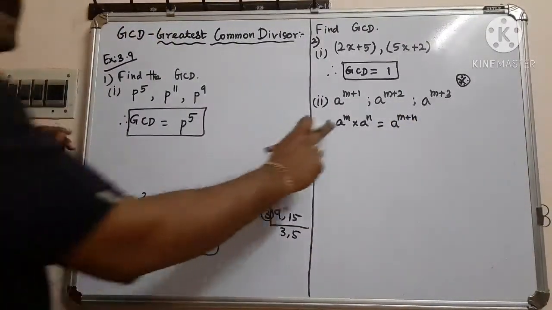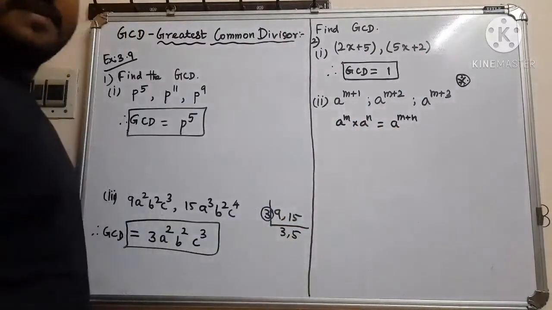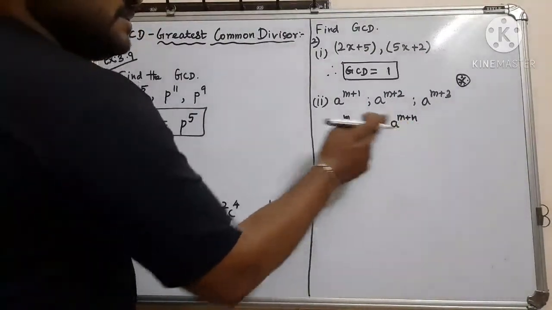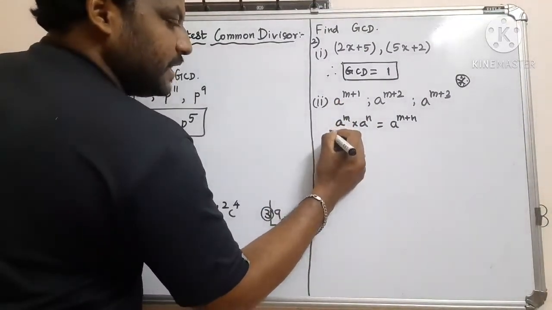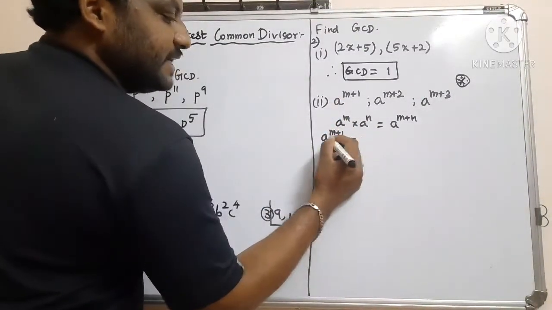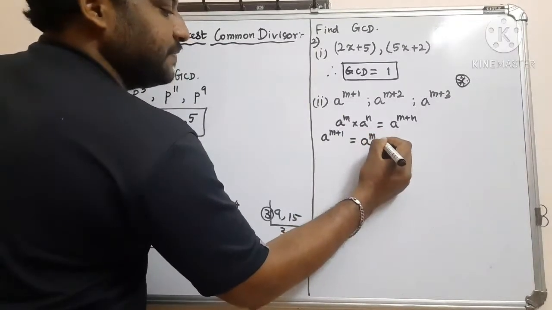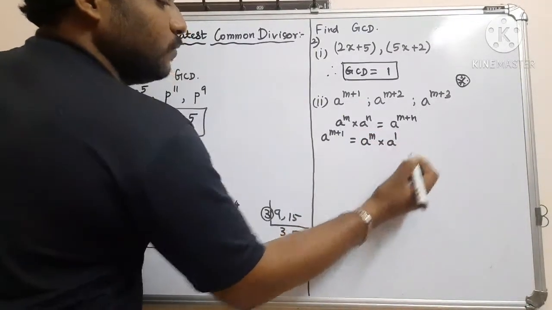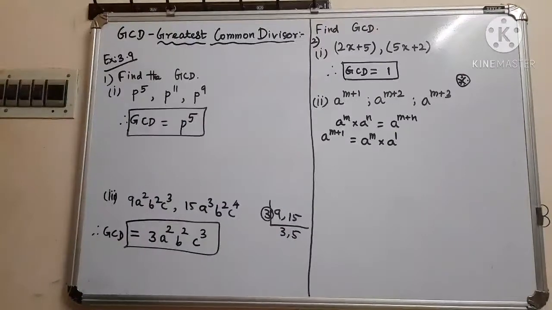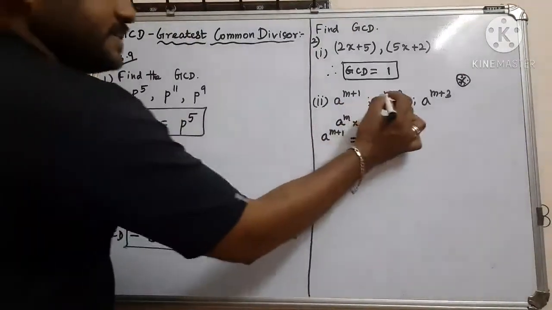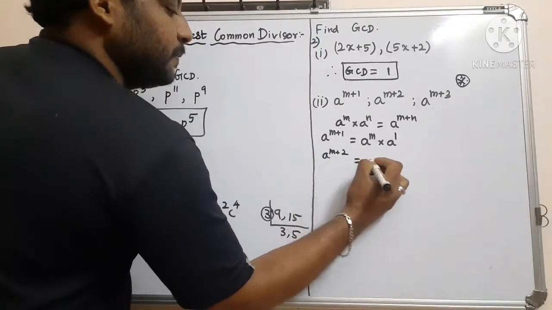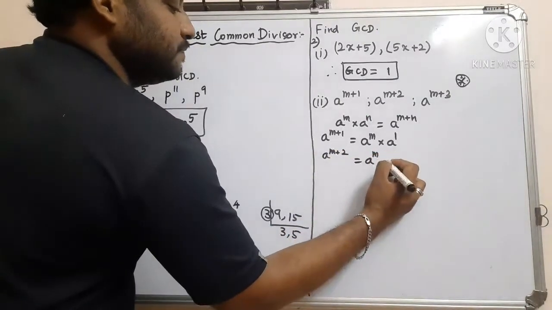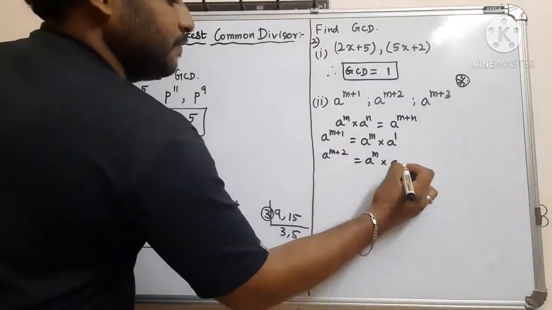A power m into a power n is equal to a power m plus n. Using this formula, we can split the first term. A power m plus 1 we can write as a power m into a power 1. For the second term, a power m plus 2, a power m into a power 2.